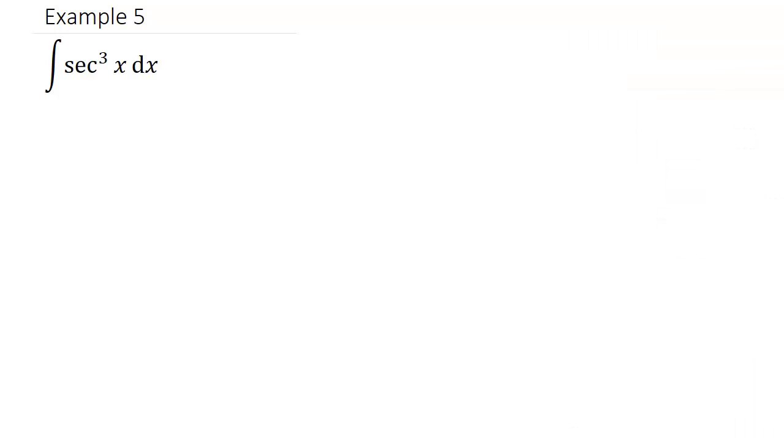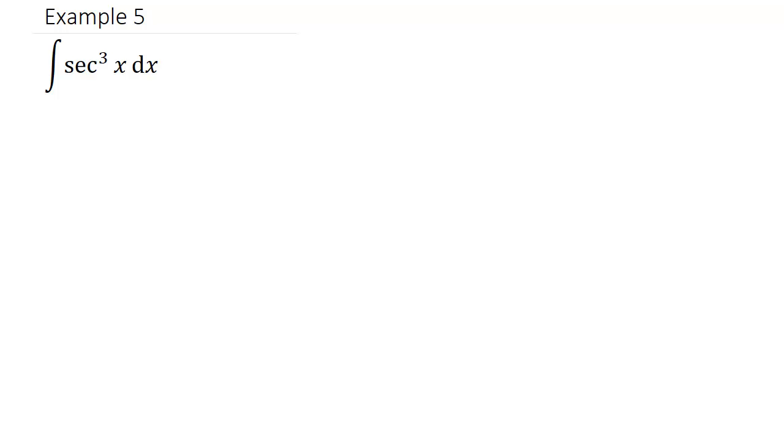Alright, so here we have secant cubed x dx. I'm sorry, not sine, I think I said sine cubed x, it's secant cubed x dx. We don't have an integration rule for secant cubed.